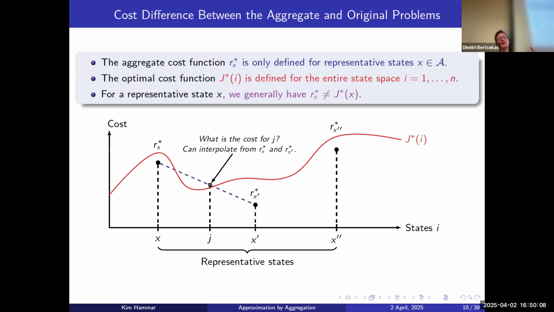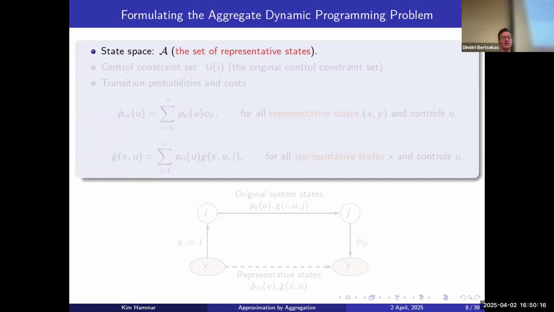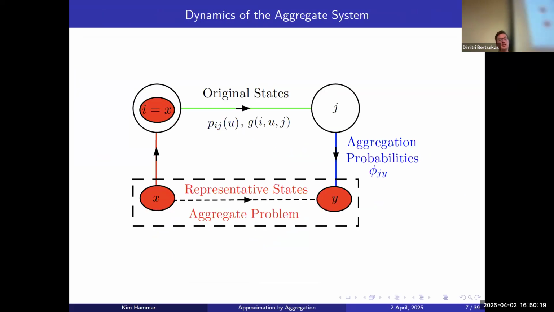Okay. So they are going to be different because the dynamics of the two problems are slightly different. If you look at this figure here, in the original problem, when you take the control, you're going to stay at that state. But in the aggregate problem, you're then going to move again to some representative states. And that changes the dynamics of the whole problem. So in general, that's going to lead to different costs.